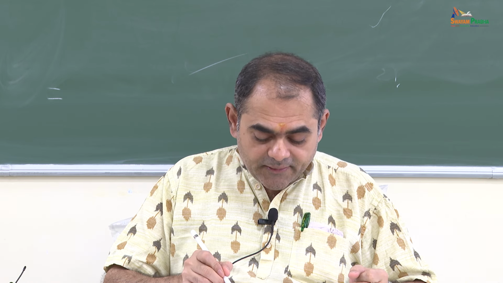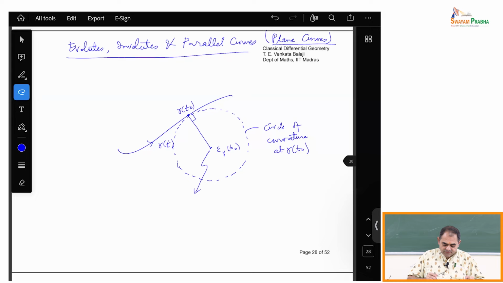The thing is that you are looking at the locus of the centers of curvature as t naught changes, and that is going to be the evolute of the curve, which we will denote as epsilon sub gamma of t.